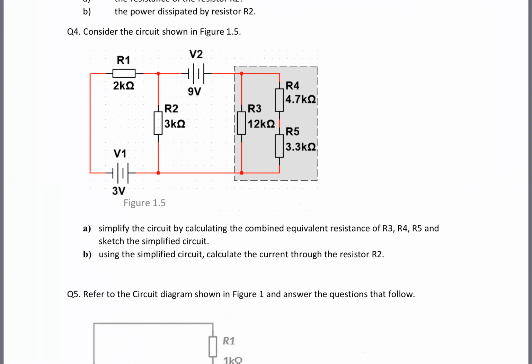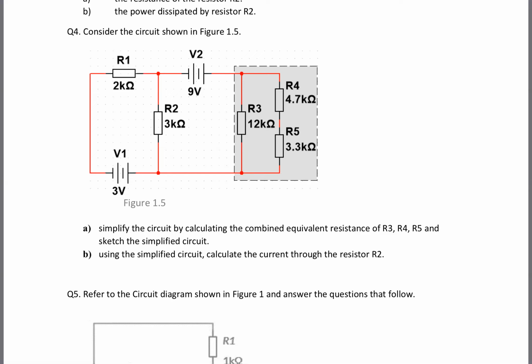Let's add R4 and R5 because they're in series. 4.7 plus... R4 and R5 are in series, so you can just add them together. Yeah, that's 8.